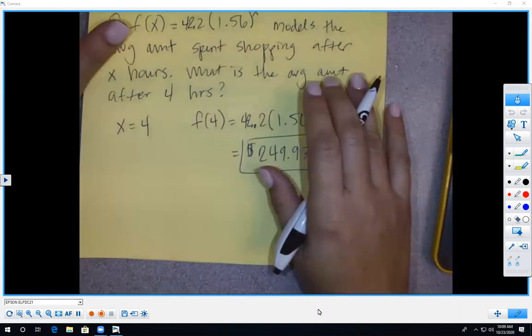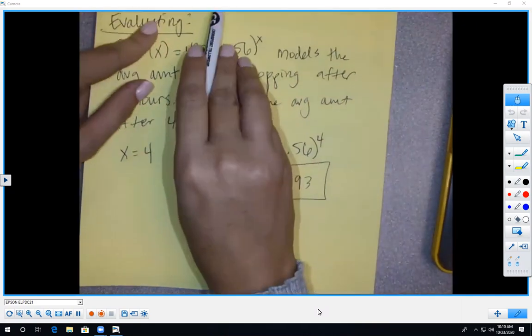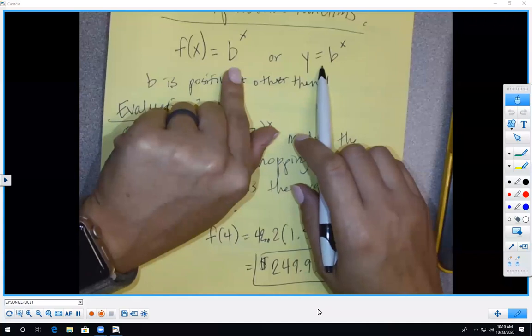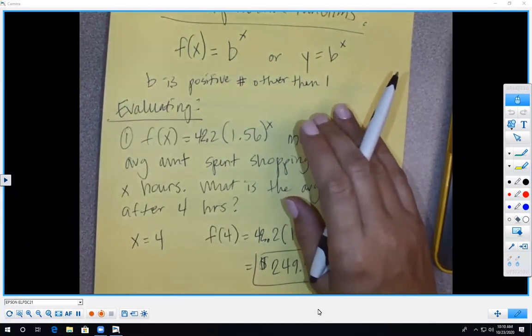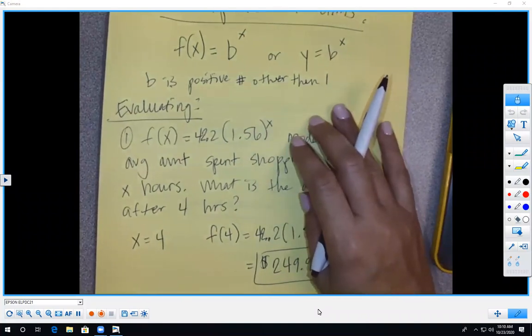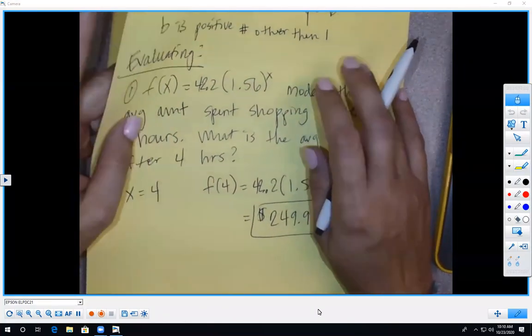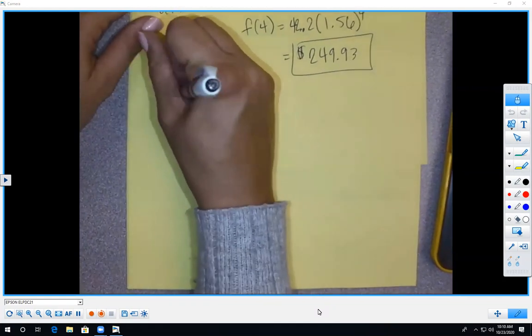Okay, so the next thing we want to talk about is this base. This base, depending on what number it is, affects your graph differently. We could have a graph that is exponential growth or exponential decay, and that depends on what the base is.